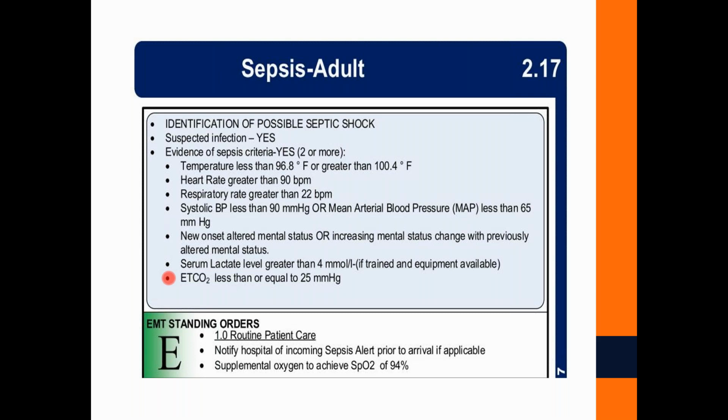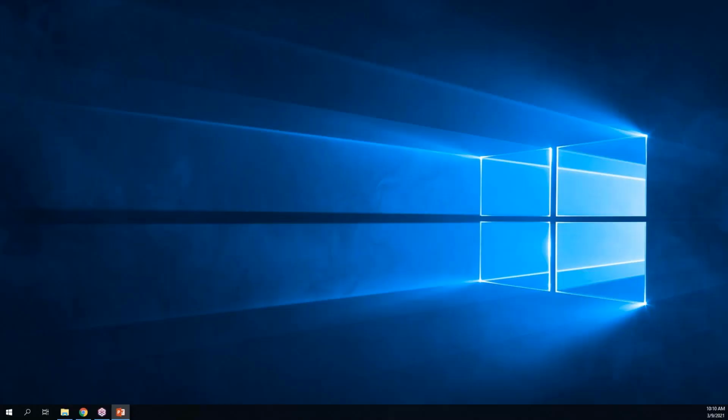We have no actual idea whether the patient is septic or not, but we've identified this trend in our patient condition. We have seen all the things that we need to see to actually verify and say, yes, this patient is not doing well. This patient is getting sicker by the second, and we need to do some things about it.